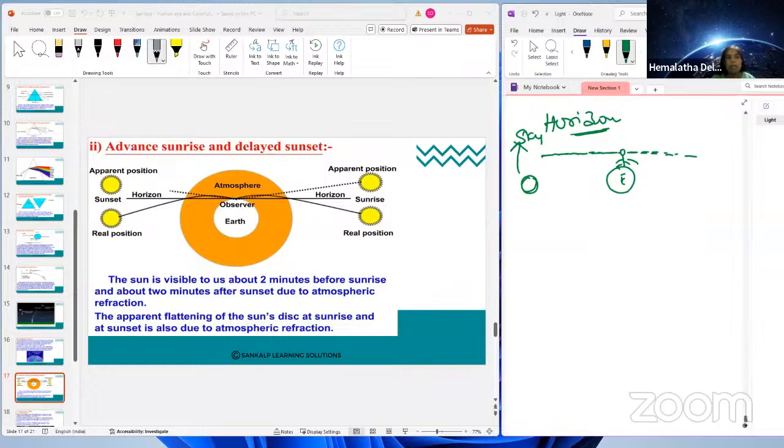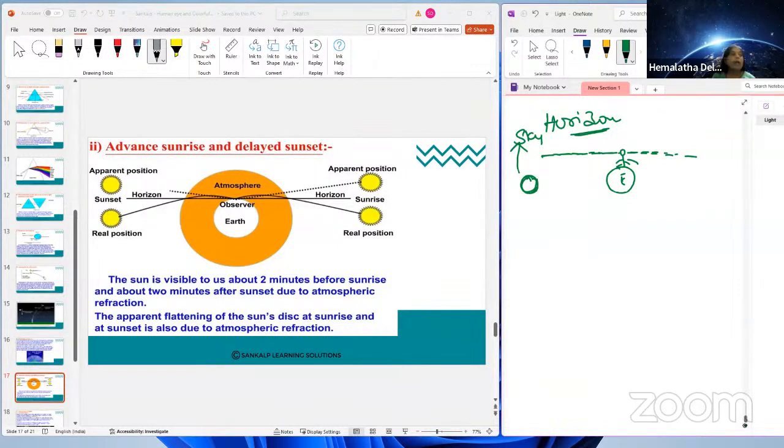That is known as sunrise. And sunset means from up to down. Sunrise means the sun comes from the horizon, from down, and that is what we can see.